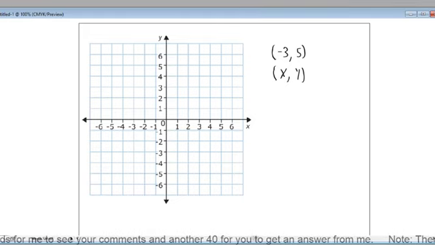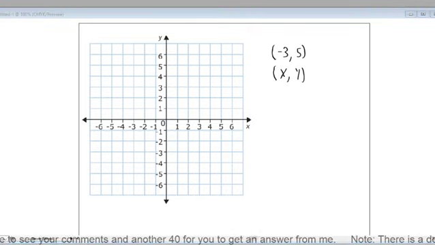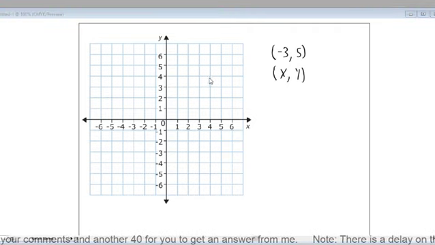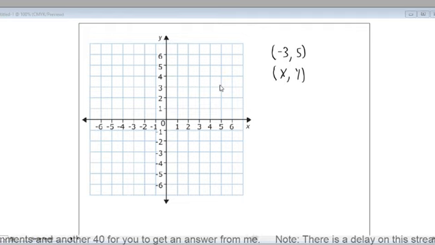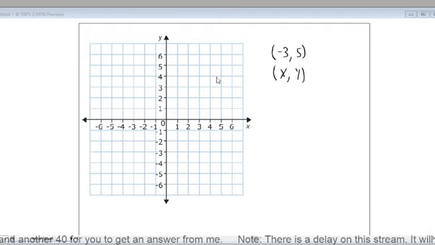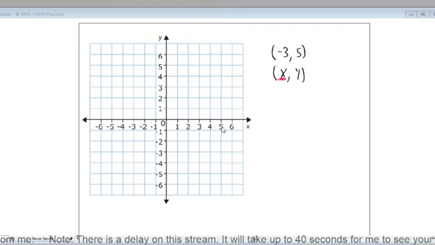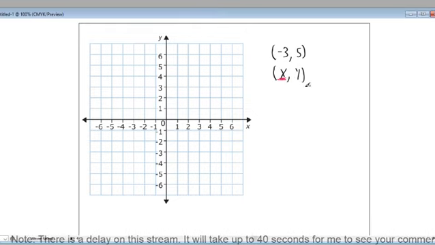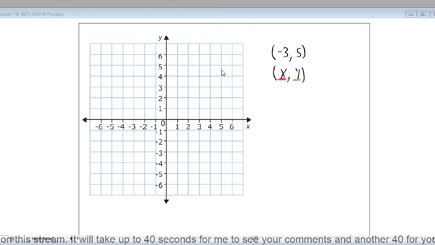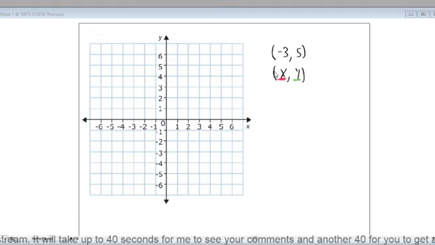So I'm going to change my color here real quick. I'm going to make x red, and I'm going to make y green. So when we graph these things, we typically graph the x first.